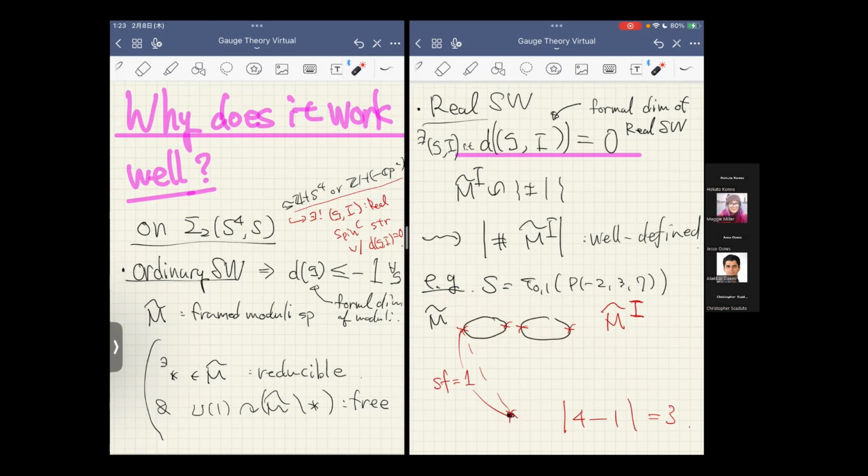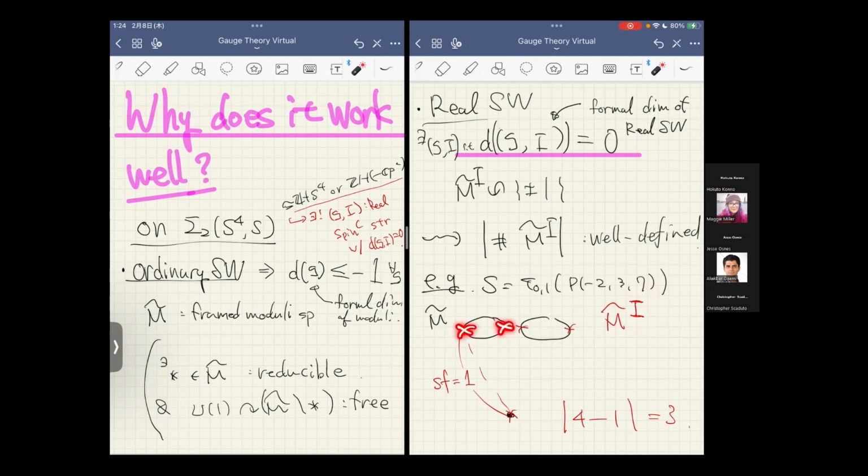If we take a specific metric, and this is a framed moduli space, so there is a U(1) action on these irreducible solutions. And then we take the I-invariant part of this framed moduli space.